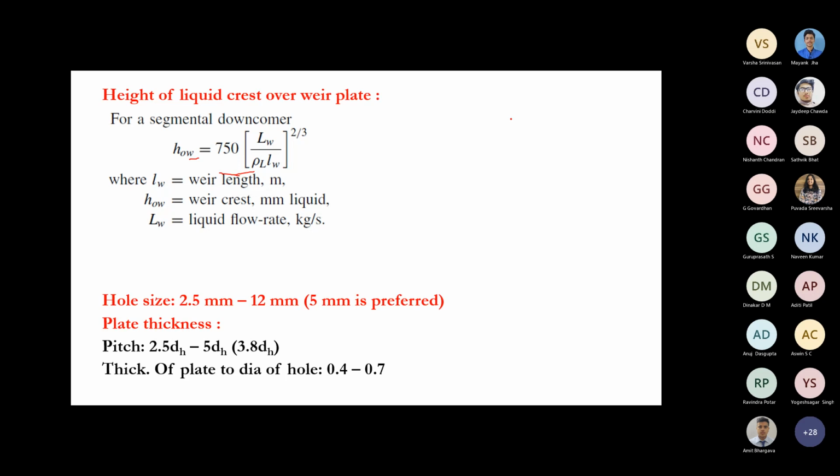To measure the flow rate, if you use Bernoulli's equation, you get this type of equation. So HOW is 750 times (LW divided by the weir length) to the power 2/3, where LW is the liquid flow rate and HOW is the amount of liquid crest over the weir plate. This is your weir plate, the liquid will be like this, and this is your HOW.